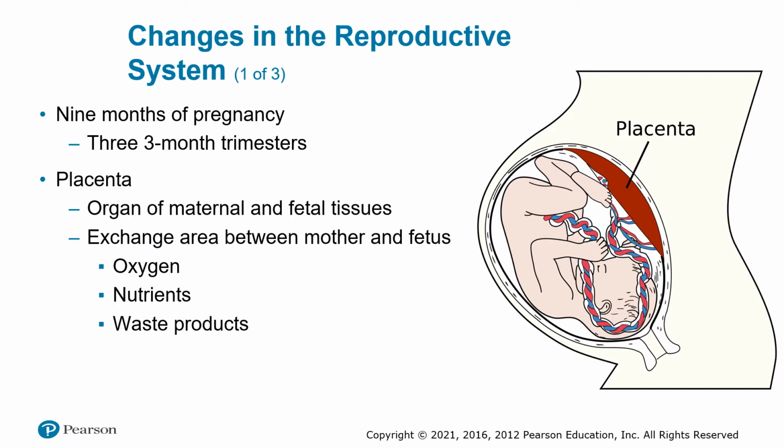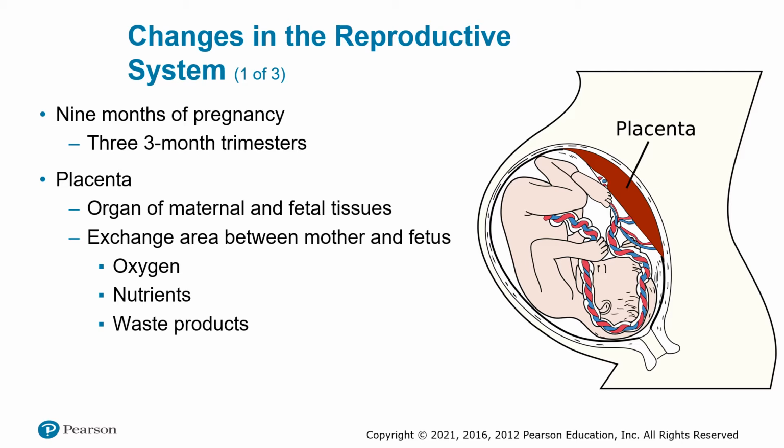So some physiological changes that occur. We have changes in the reproductive system. There are 9 months of pregnancy with 3-month trimesters. The placenta, which is that organ of maternal and fetal tissues, begins to form. It's the area where the exchange between mom and fetus occurs.